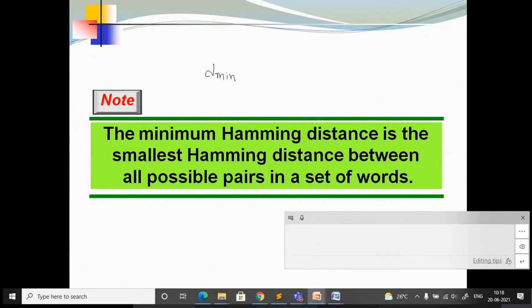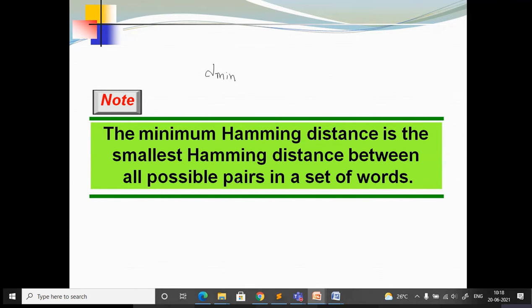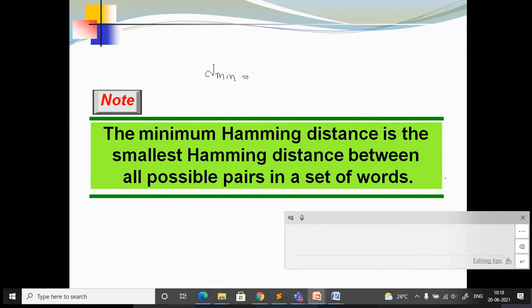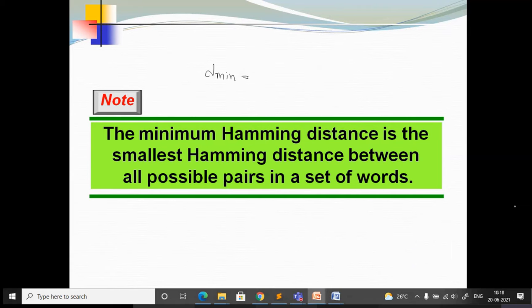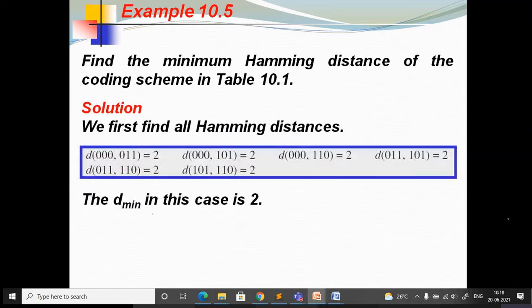You need to calculate the distance between all possible pairs of words. Among these, whichever has the minimum distance, that is called the minimum Hamming distance. Okay, so we'll try to do some problems on how to calculate the minimum Hamming distance.